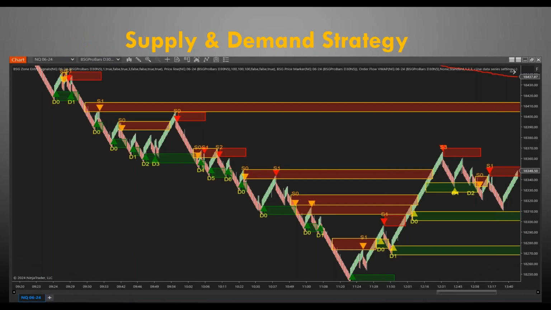Let me go there. So this is our supply and demand signals indicator, where anytime we see the yellow triangle down, we say it's a short signal. If you watched my webinars before, I say that all the time: anytime the demand broken becomes supply, it's a great short signal.